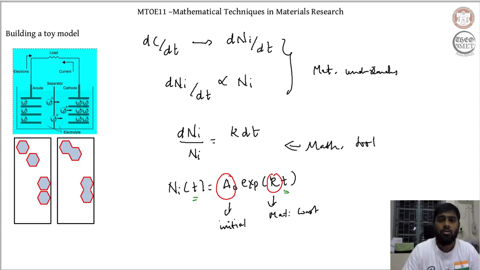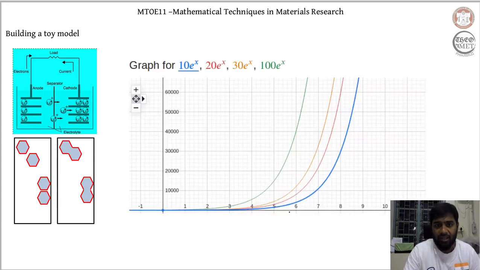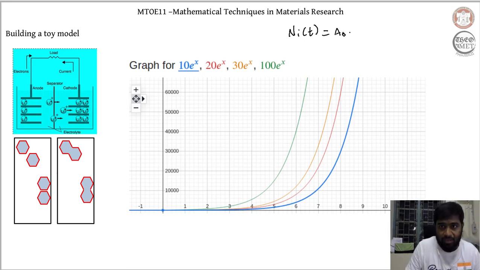Now, just to help you visualize what the impact of these different parameters is, here is a graph that would help you realize what is the influence of each of these parameters. So essentially, when we talked about solving the equation, that is how the number of ions in a given electrode is going to change, it can be expressed as something like this.